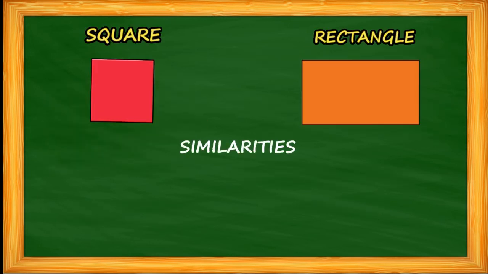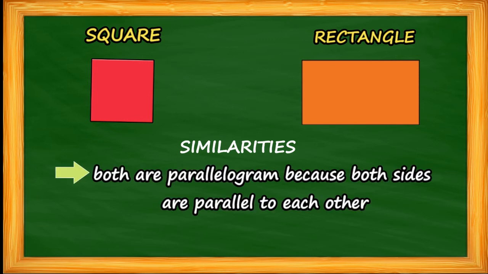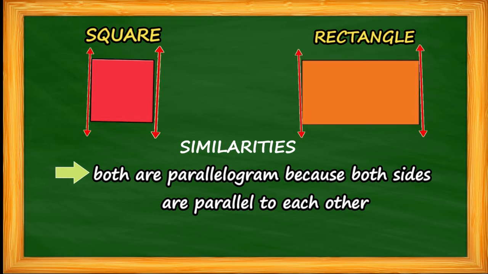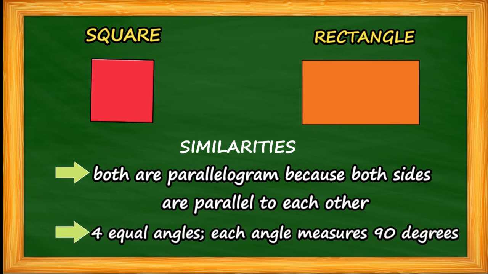What are the similarities between square and rectangle? Square and rectangle are both parallelograms because their opposite sides are parallel to each other. In terms of angles, both have four angles, each measuring 90 degrees.